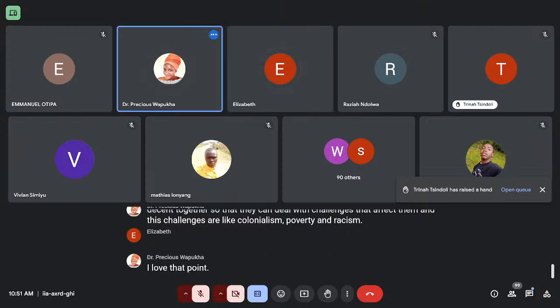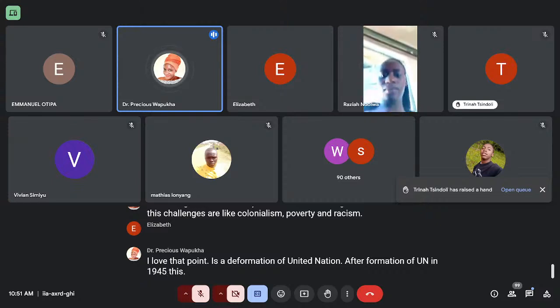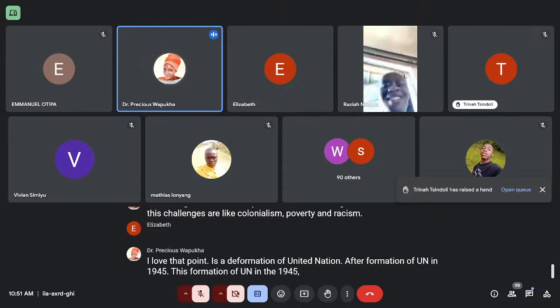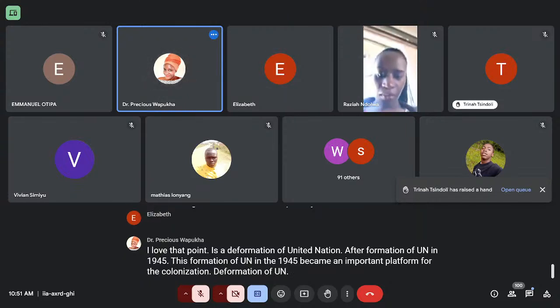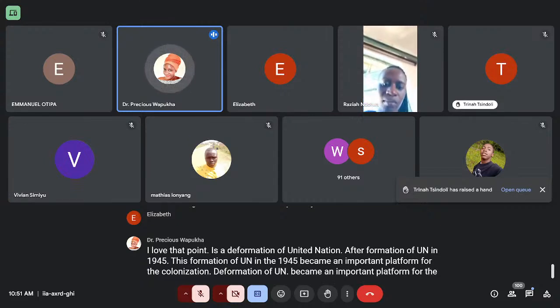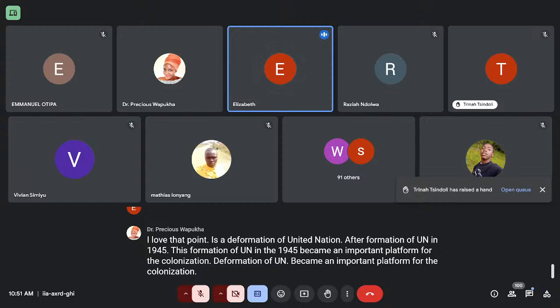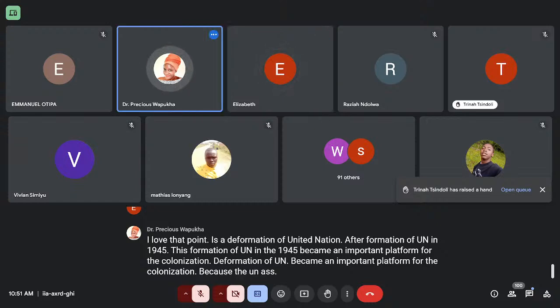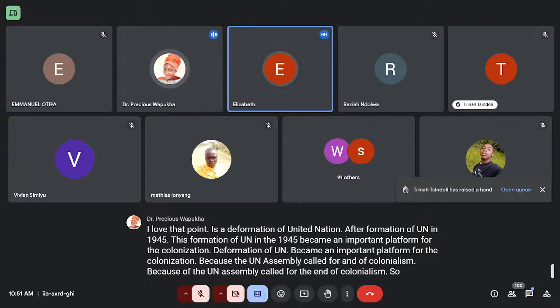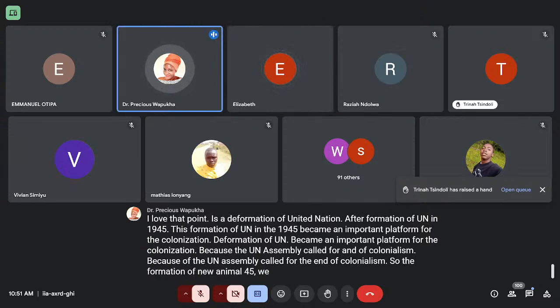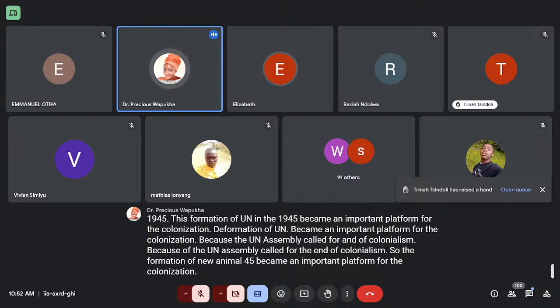Another point is the formation of the United Nations. After the formation of the UN in 1945, it became an important platform for decolonization, because the UN Assembly called for the end of colonialism.